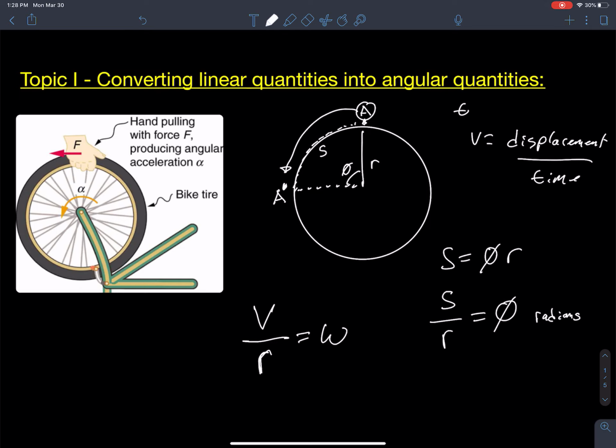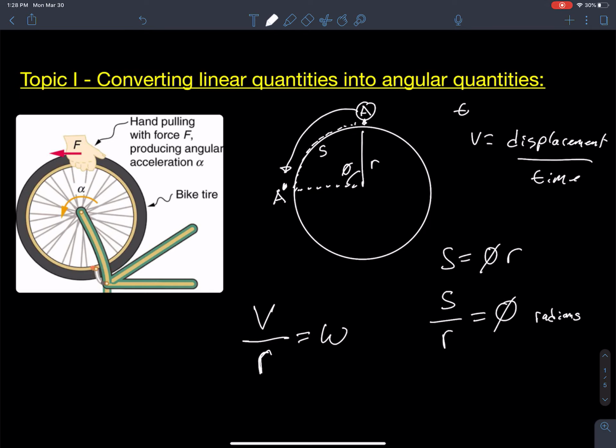Why is that? S divided by R is theta. S divided by T, divided by R, is going to be equal to velocity divided by R, which is my angular velocity. So if you take the arc length divided by R, that's going to give me theta. If I take my velocity divided by R, that's going to give me my angular velocity.